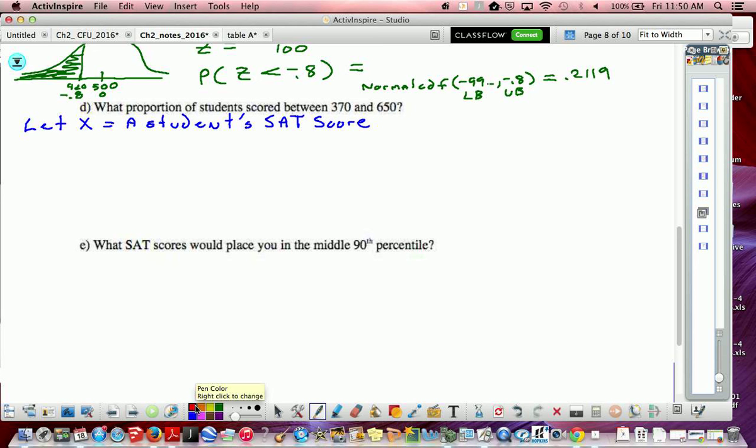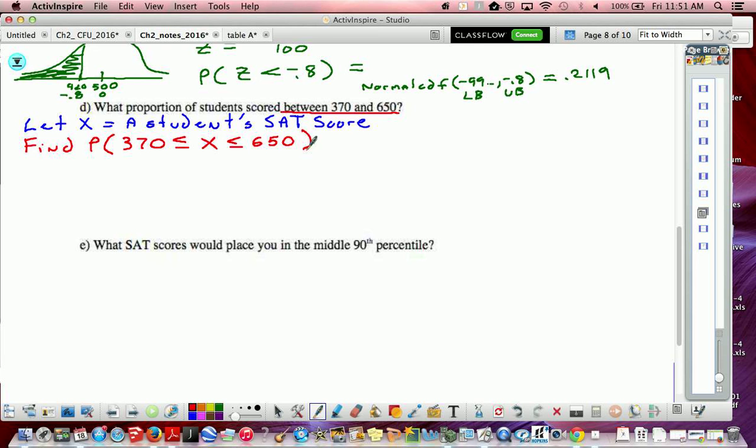So, the plan. We want to find, now in this one it says the proportion of scores between 370 and 650. So you write the first or the lower number first, less than or equal to symbol, your variable x, which has to be less than or equal to 650.